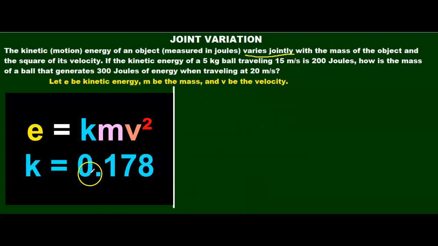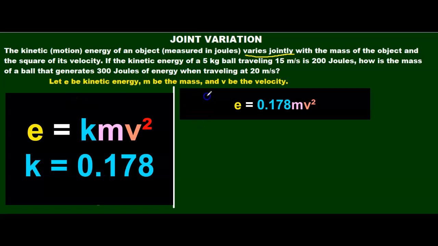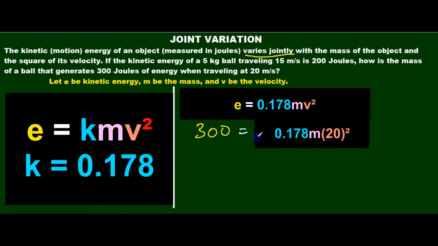Again, we're going to plug this value back in for our K. So we can say that E equals 0.178 M V squared. Now, they want the mass of the ball that generates 300 joules when traveling at 20 meters per second. So your E is now 300. Your 0.178 remains the same because that's your constant of proportionality.